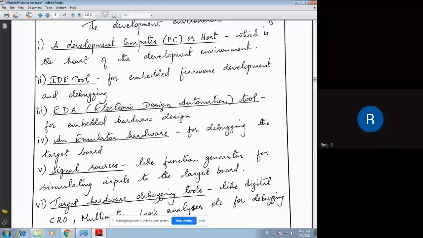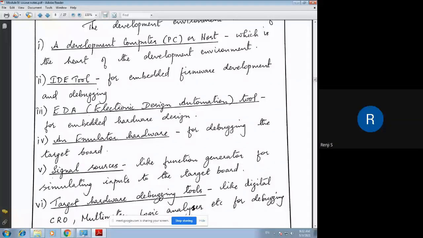That is, just like if you have gone through the Visual Basic IDE or the VC++ IDE, there are tools in the environment where we just need to drag and drop, or you can write the code and just test the code inside this IDE. All components are provided by the IDE. We are just dragging and dropping into the environment, and then we are testing our code. So IDE is a tool for embedded firmware development and debugging.